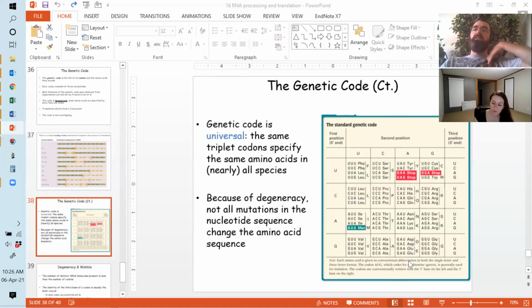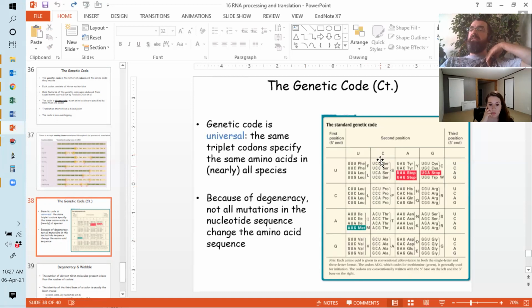And so there are many ways in which you can get the same amino acid in terms of the sequence of the mRNA. So for example, let's use serine. You will get a serine amino acid added to a polypeptide chain anywhere where you have a UC and then a third letter, because serine is encoded by UCU, UCC, UCA, and UCG.